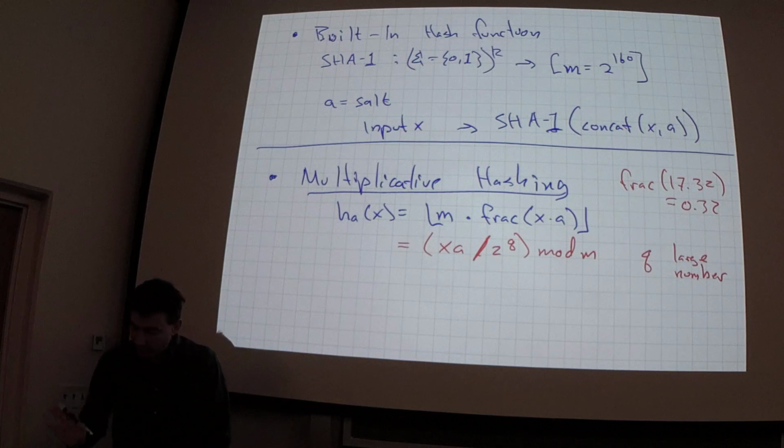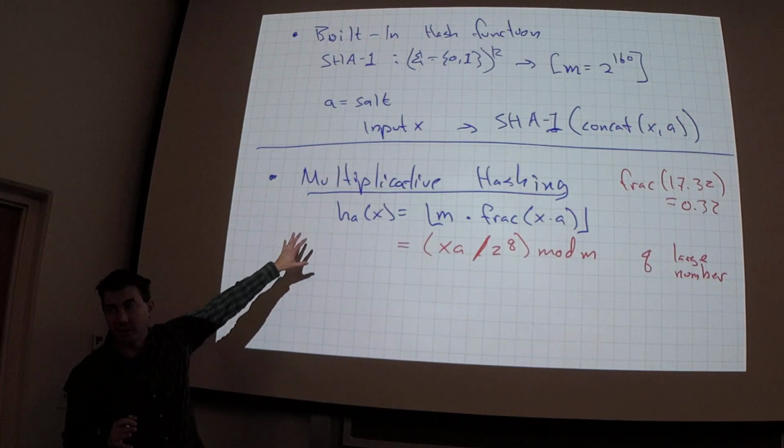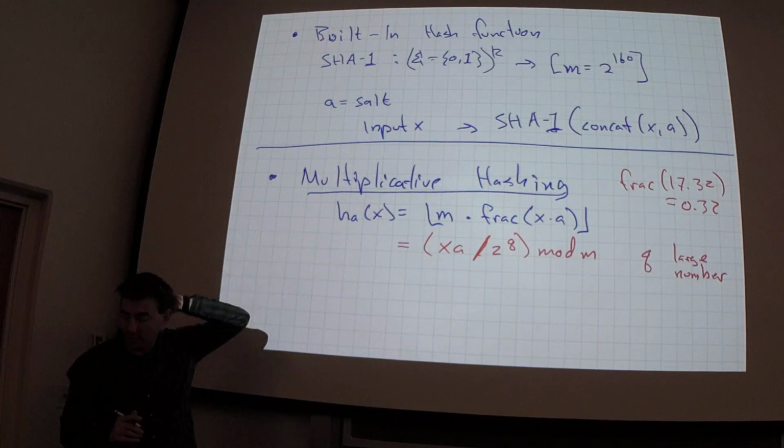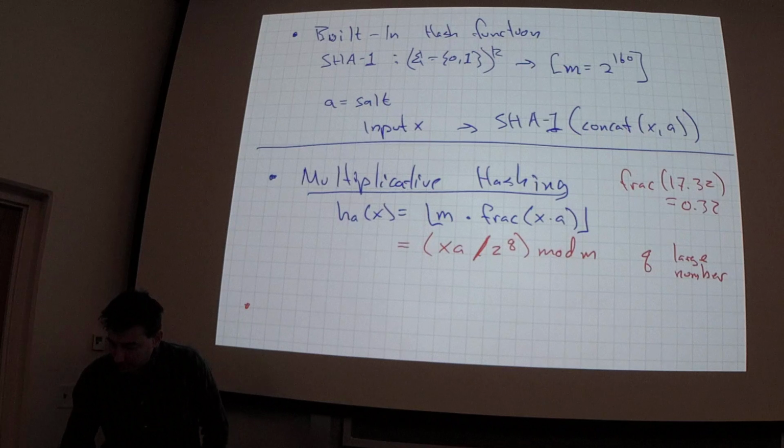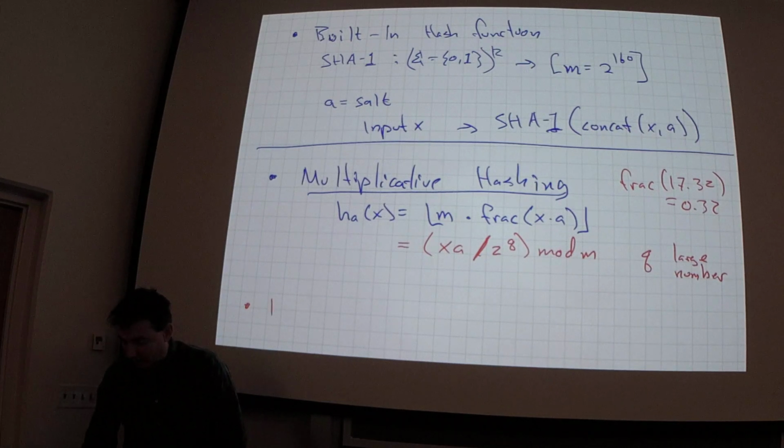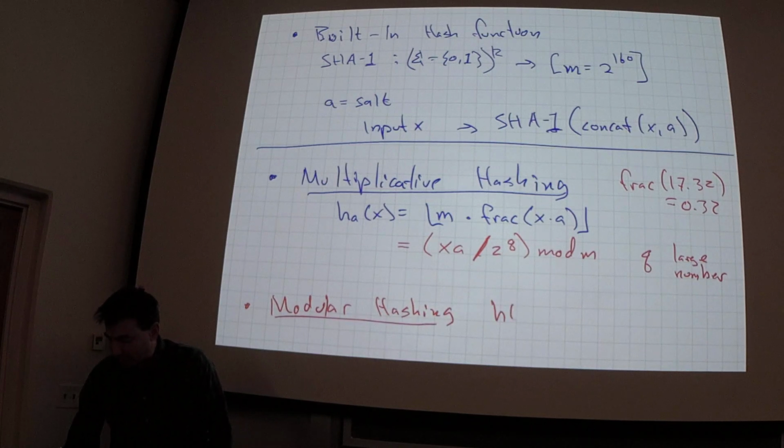One of the reasons I wanted to write up multiplicative hashing, and you will not need to implement this for the class, but you can if you want to, is that there's this other version of hashing called modular hashing, and the real reason to put this up is that modular hashing is h of x mod m.